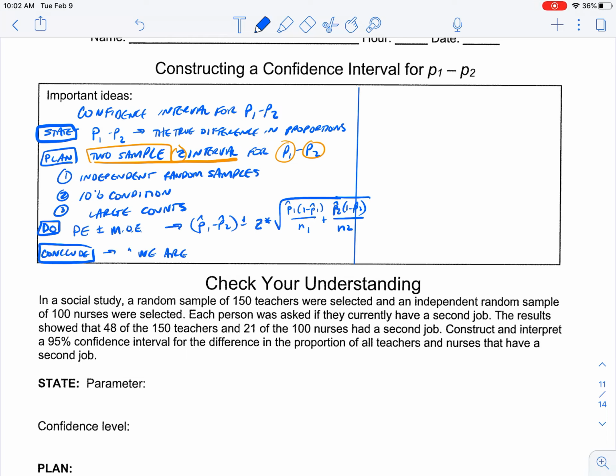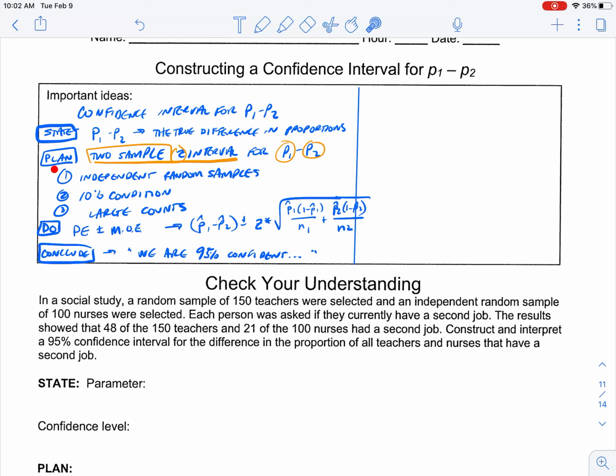Okay? And our conclude is that interpretation that we've been talking about where we have that direct quote: we are 95% confident that the interval between here and here captures the true mean number of, and then making sure that we have our context. So those four things are things that we've talked about in the past, but we want to make sure that we have this grasp of laying them out in order so that we can make sure that we do them.